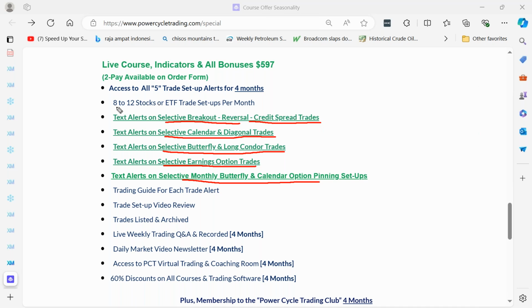So you'll get 8 to 12 stocks or ETFs per month, typically, a trading guide, trade setup videos, and trades listed in the archive. This also includes the trading club where you get the weekly Q&As every week for the next 4 months, a market newsletter, video, and the trading room with coaching there.